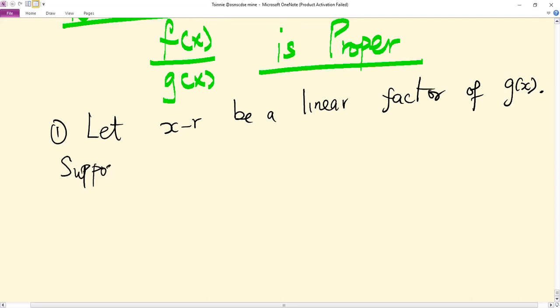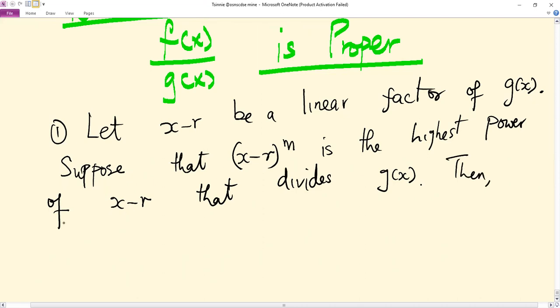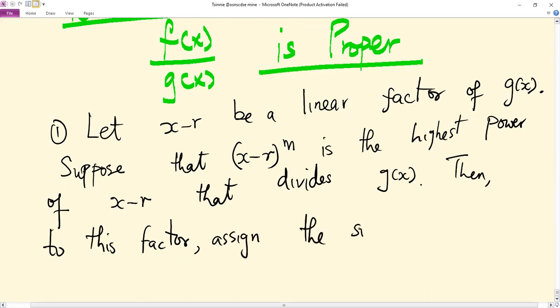Suppose that x minus r raised to the power m is the highest power of x minus r that divides g of x, then to this factor assign the sum of the m partial fractions.